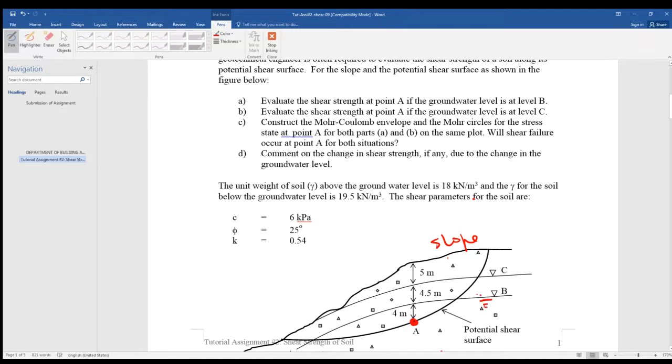So that's the groundwater at B. Okay, so part A.